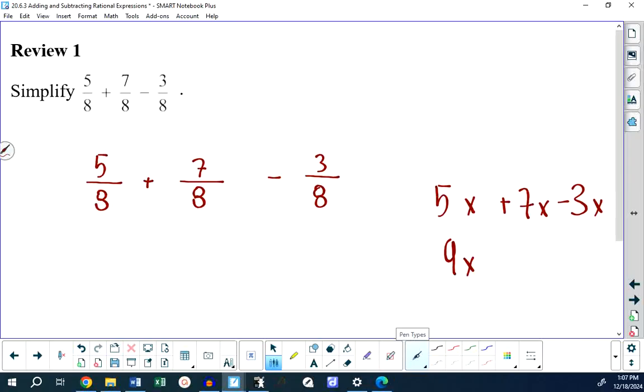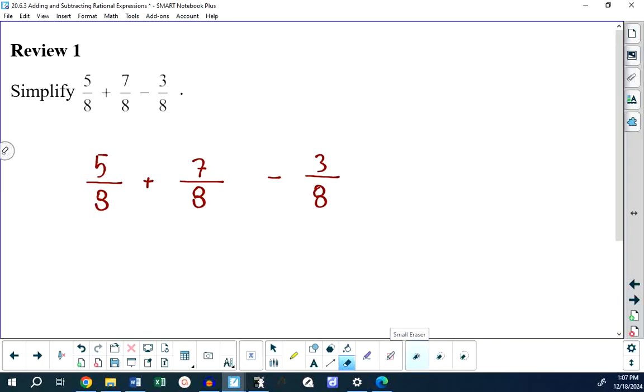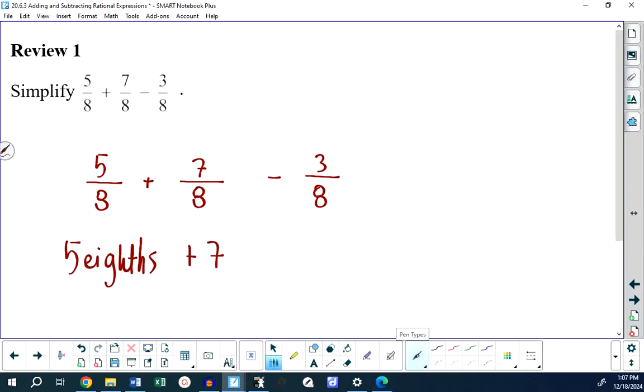So if I translate this original question where it says simplify to words, what this is: 5 eighths, what a weird word, plus 7 eighths is... that right? I think so. Doesn't that look weird to you? It does.